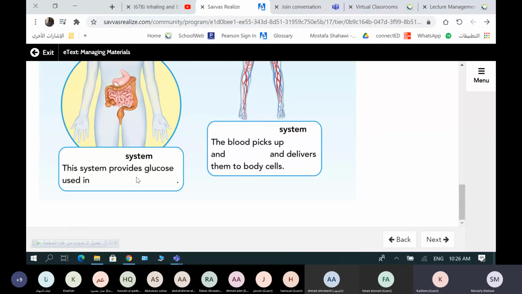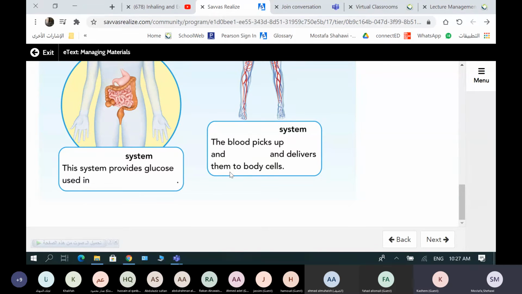What is the usage of glucose inside your body? I think it helps us to live. No, we use glucose in cellular respiration, for producing energy. So this is the digestive system that provides glucose used in producing energy, or used in cellular respiration. Both are the right answer.